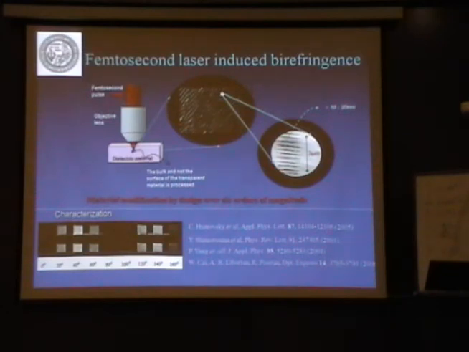Essentially, you are melting the glass, and when it resolidifies, you get an index variation. If you have higher powers, you can make a void, or you can generate these gradients. So different powers in different materials generate different index changes in the glass. It depends on the glass, the power, and the repetition rate.